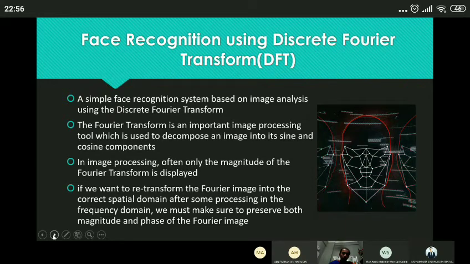The Fourier transform is an important image processing tool which is used to decompose an image into its sine and cosine components. In image processing, often only the magnitude of the Fourier transform is displayed. If we want to retransform the Fourier image into the spatial domain after some processing in the frequency domain, we must make sure to preserve both magnitude and phase of the Fourier image.